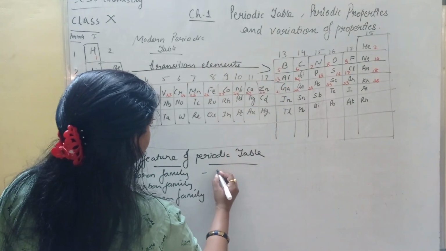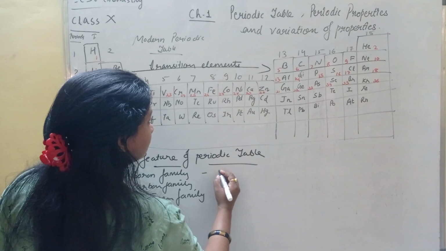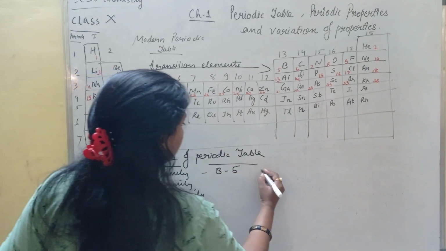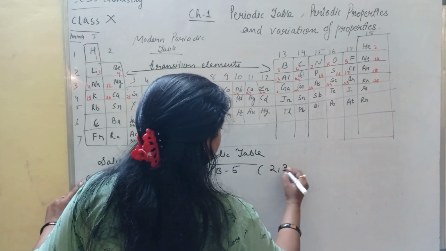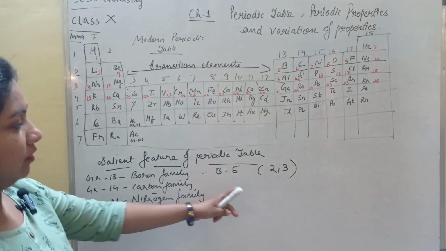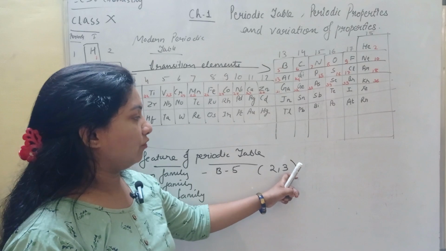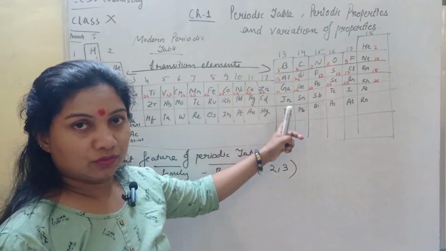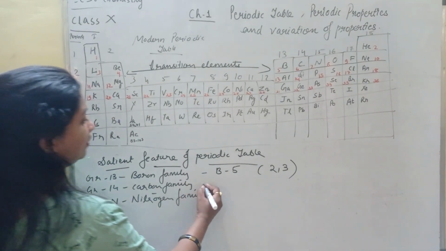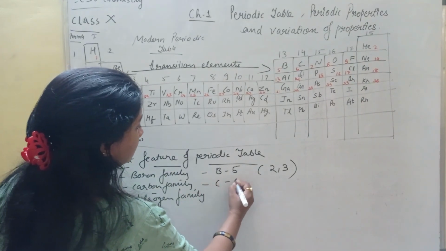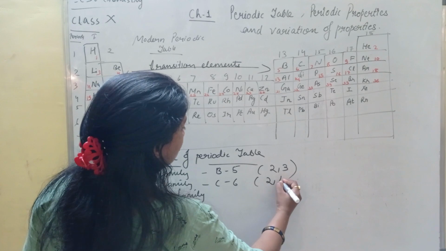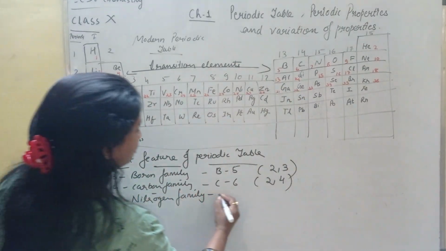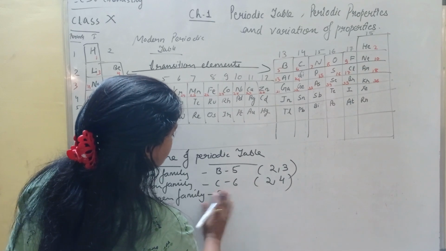Boron, atomic number 5, configuration 2, 3. Now here you can see that the valence shell configuration is 3, group 13. Carbon family: carbon, atomic number 6, configuration 2, 4, group 14.